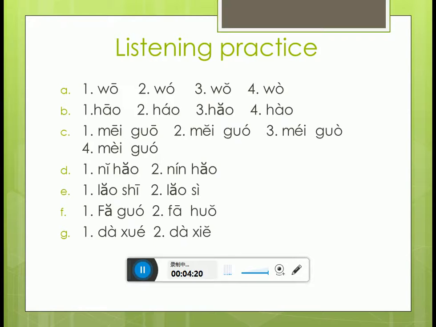Okay, let's check the answer together. Question A. The answer is number 3. 我. Question B. The answer is number 3 as well. 好. Question C. The answer is number 2. 美国.